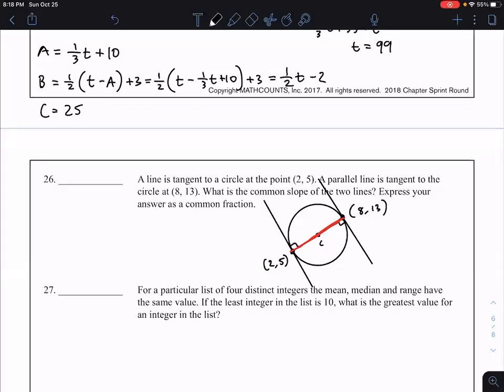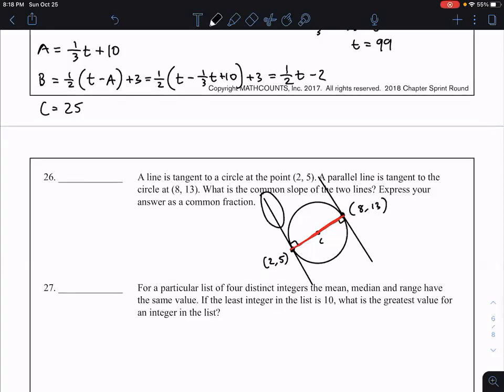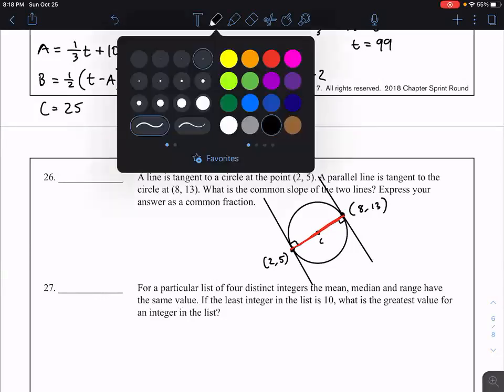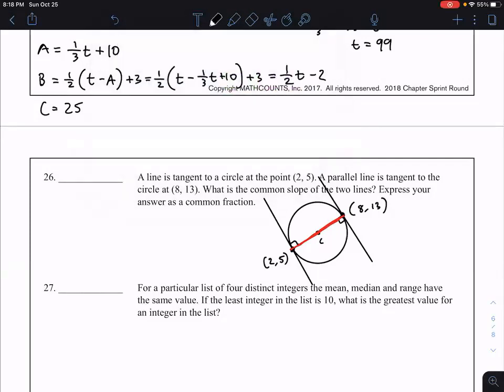And we can actually find the slope of this line since we know the points. And if we can find the slope of this line, then we can find the slopes of these lines, since the relationship between the black lines and the red line is a perpendicular relationship. So the slope of the red line can be used to find the slope of the black one. So for the red diameter line, the slope will be 13 minus 5 over 8 minus 2.